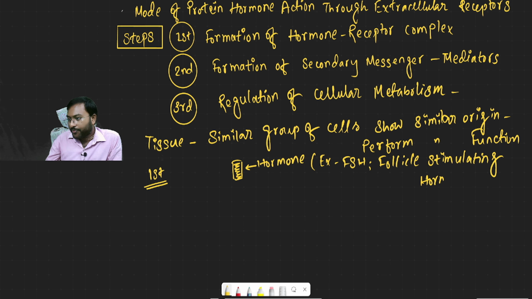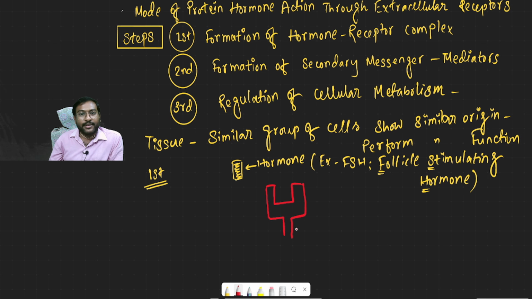Okay. And this red color structure is known as the protein receptor or hormone receptor.